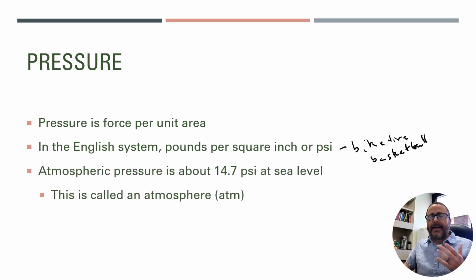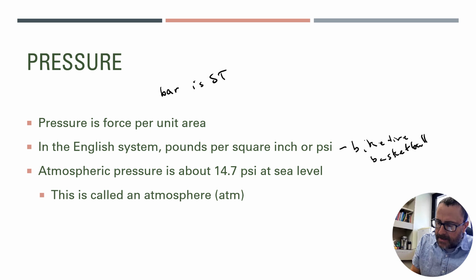And so technically, the bar, which is BAR, is the SI unit for gases. But realistically, we usually use atmospheres, which are ATMs. And atmospheric pressure is about 14.7 psi at sea level.